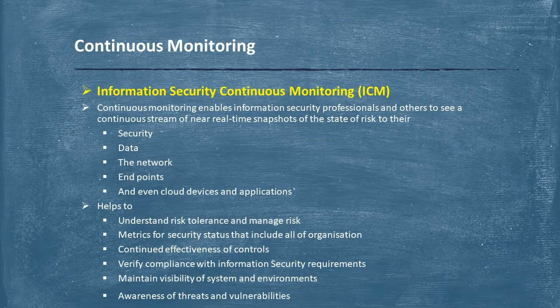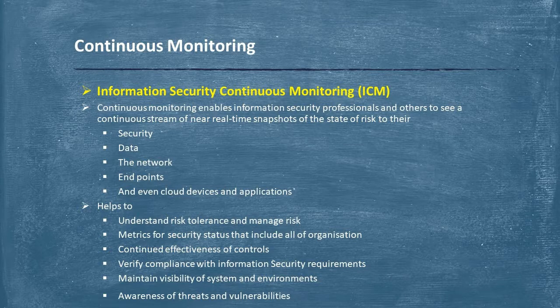It actually gives a snapshot of the status of the risks involved with respect to these items, data, network, endpoints, etc. And this helps us to understand the risk tolerance and to manage the risk. How well it is working, how much we are able to tolerate the risk. It gives an idea, if you are continuously monitoring.